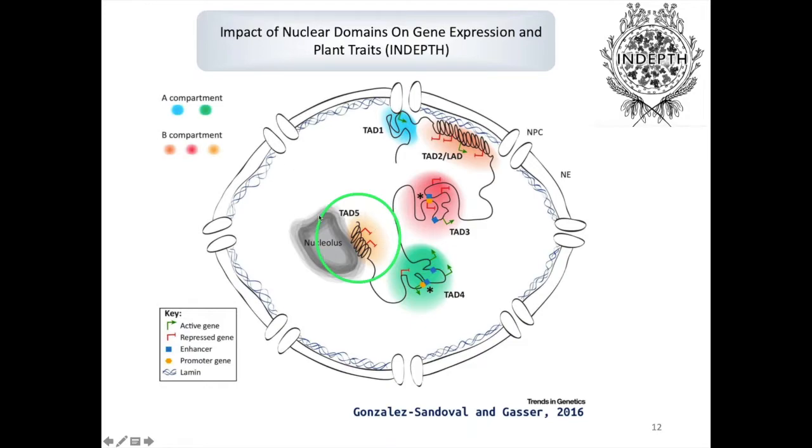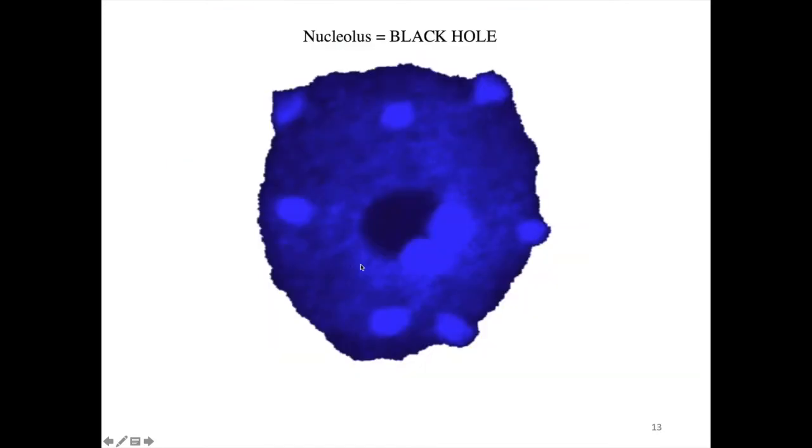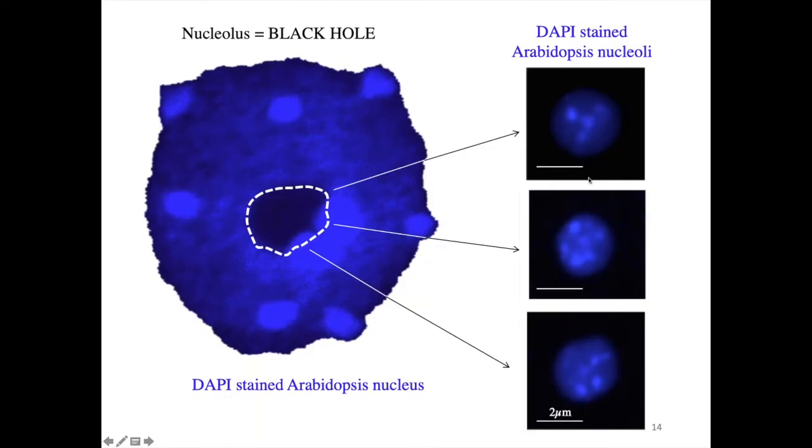At the nucleolar periphery, there are chromatin domains with repressive features, more like heterochromatin, as at the nuclear periphery. These specific chromatin regions are called NADs, for nucleolus-associated chromatin domains. If you look at a DAPI-stained nucleus from Arabidopsis thaliana, you will see the nucleolus like a black hole. There is not a lot of DNA, but if you isolate nucleoli, you can reveal the presence of DNA.